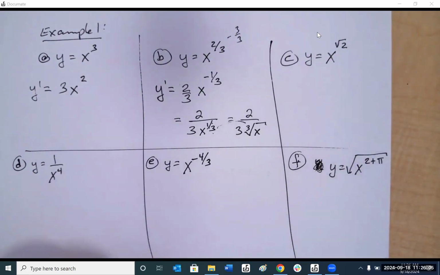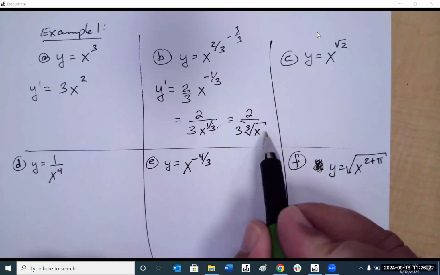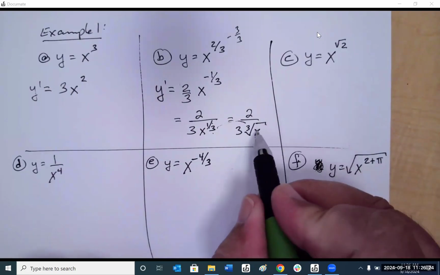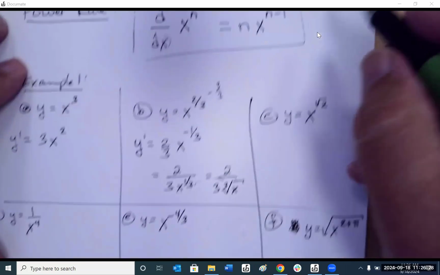If we were following those rules, what would you have to multiply top and bottom by? What's that? Nope. Notice, how do we get rid of this on the bottom? Well, we have to multiply. I'll show you right here.